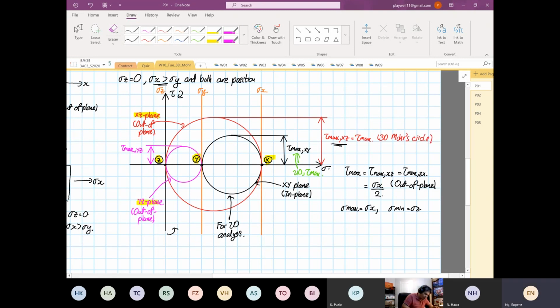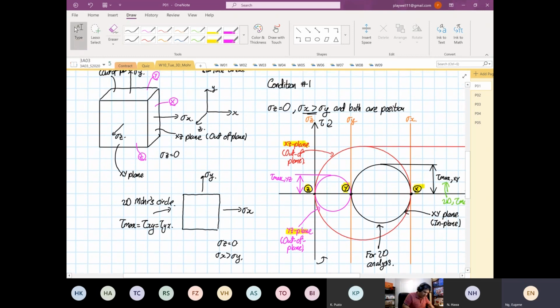And I'd like to highlight over here, both 2D and 3D, right? What did we say? Stress z is also equal to 0. Both are in the same stress field pattern, but the analysis, one is on 2D, the other one is 3D.